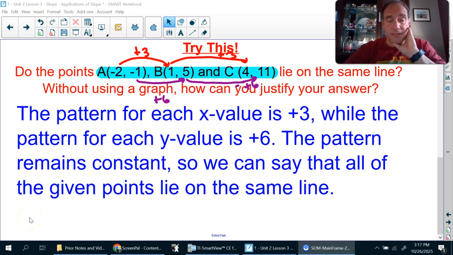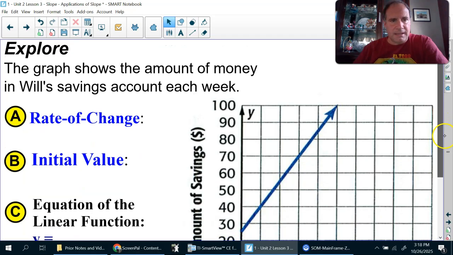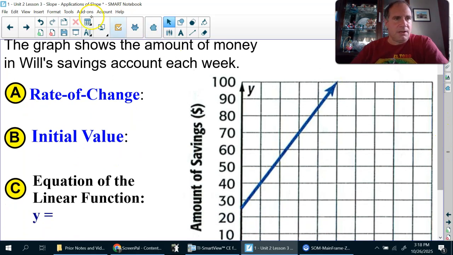The pattern for each x value is +3, while the pattern for each y value is +6. The pattern remains constant, so we can say that all of the given points are on the same line. I would have graphed it just to make sure, but with the pattern, you can definitely tell that they are on the same line.